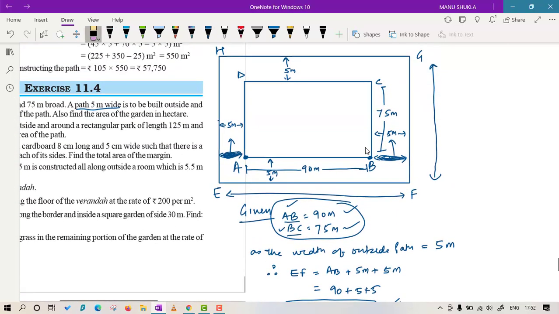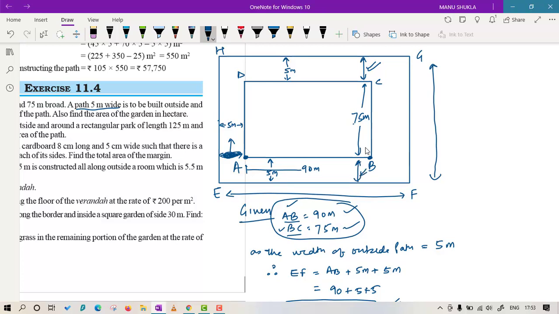Let me clear some space so that it is easy for you to understand. Just observe FG and see that BC, from this to this, is how much? This is 75 meters and the path is 5 meters wide. If I add this top 5 meters and this bottom 5 meters, what will I get?